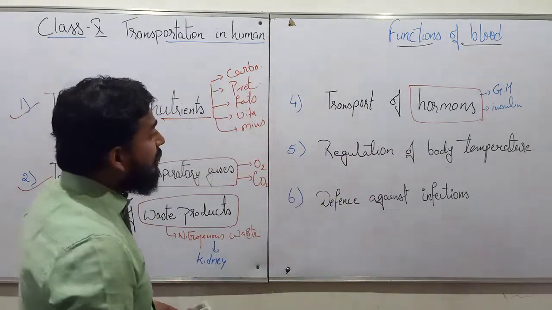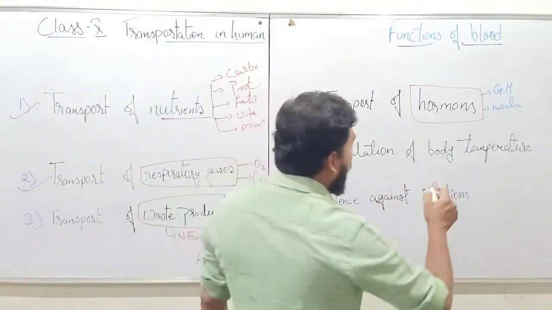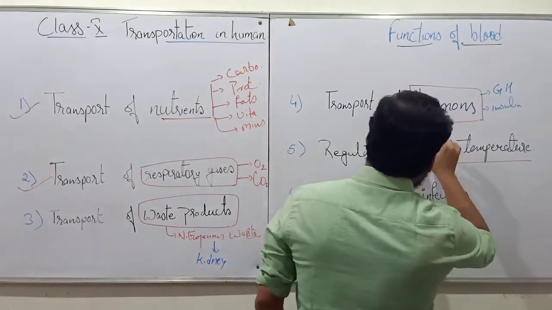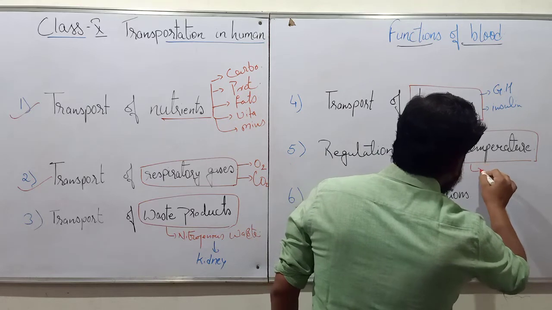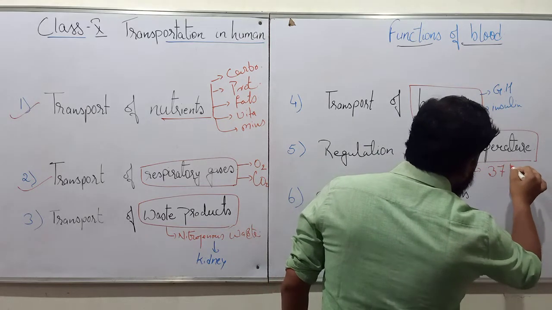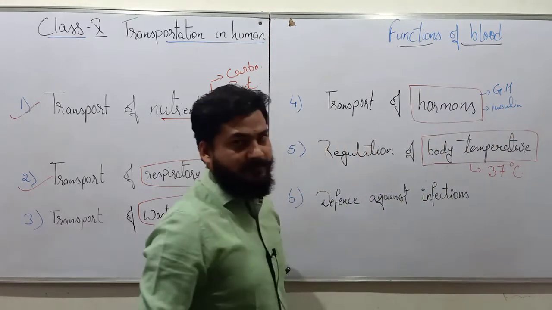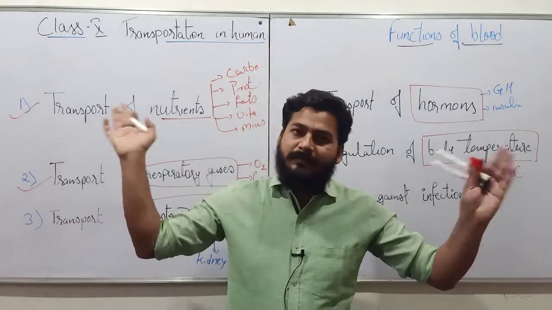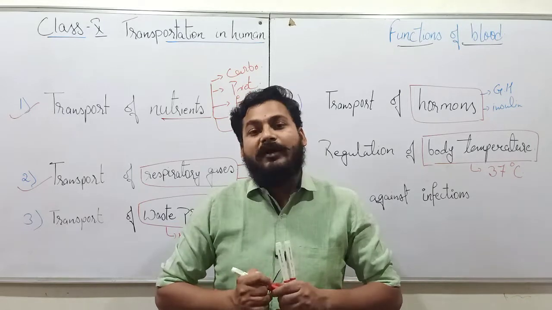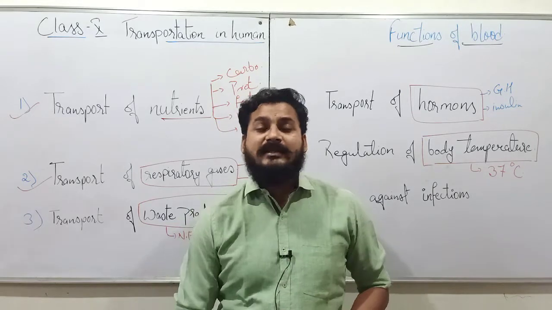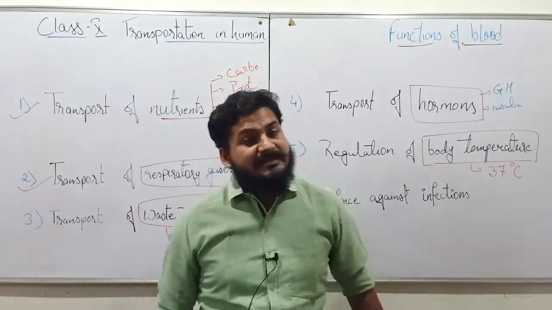Then we talk about regulation of body temperature. We all know that the human body has a constant temperature of 37 degrees Celsius. Whatever be the climatic condition outside, the inside temperature of our body is always maintained at 37 degrees Celsius.